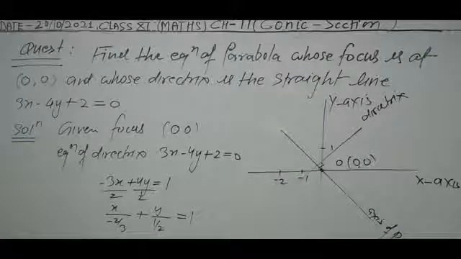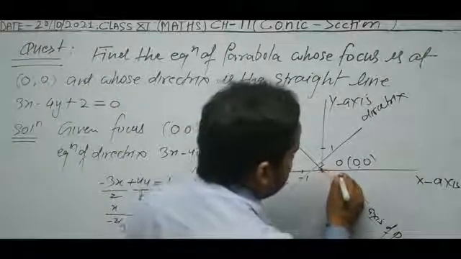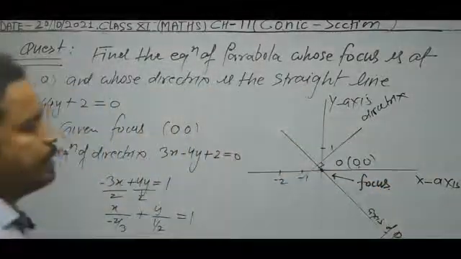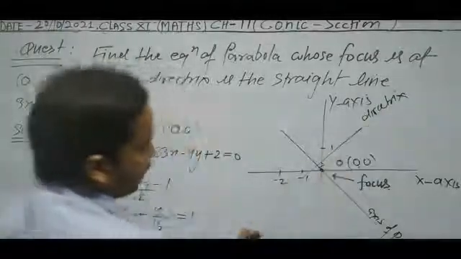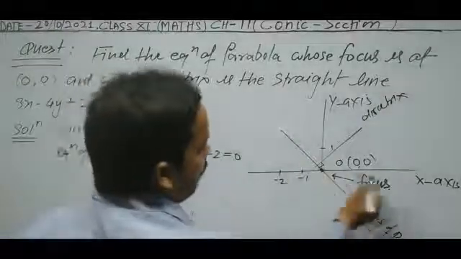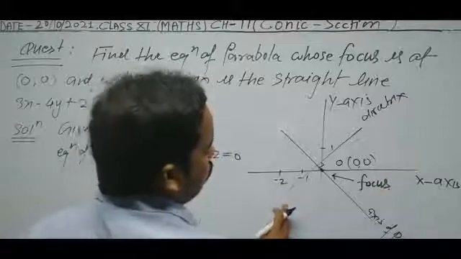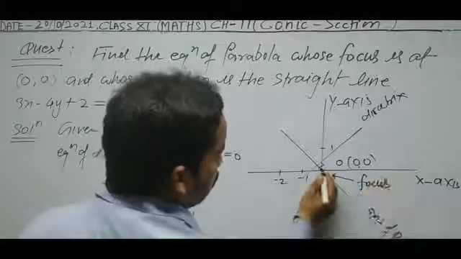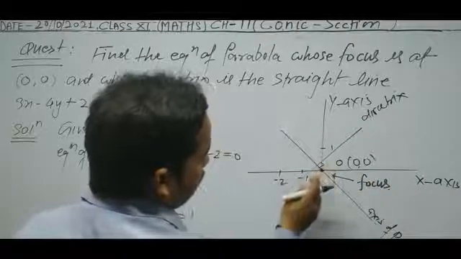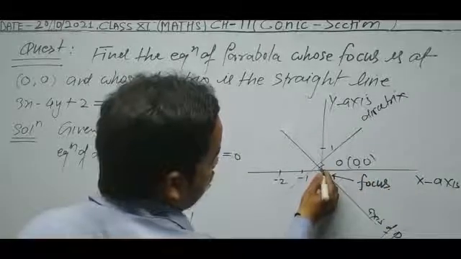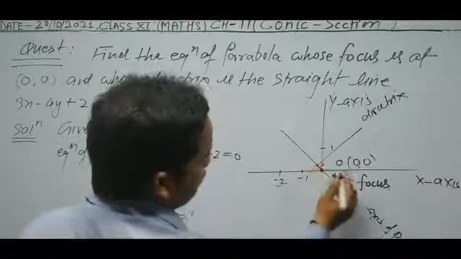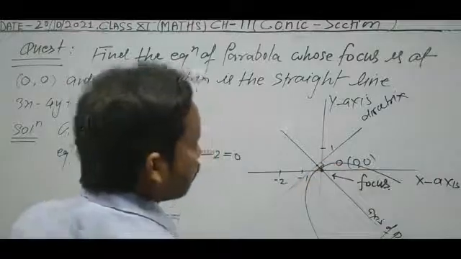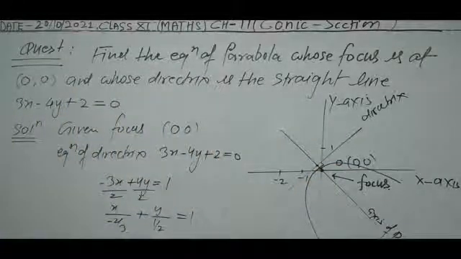Now you know this is the point focus, this is the axis of the parabola and this is the directrix. The parabola passes through the point between the focus and the intersection point of the axis and directrix. The parabola will have the shape of this curve.